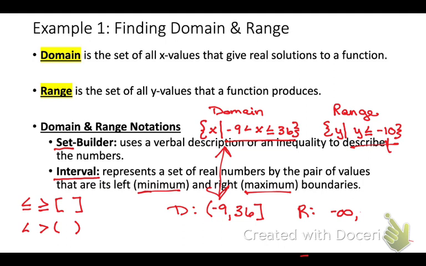Right here, -10. So can I ever get to negative infinity? No. So it can't be a bracket. It has to be a parenthesis. Does this inequality tell me it can be -10? Yes, so it is a bracket.